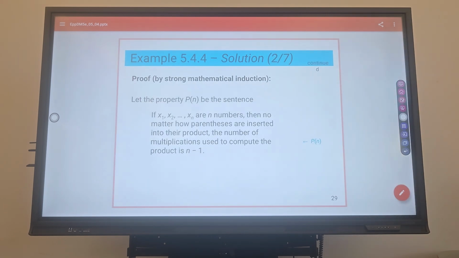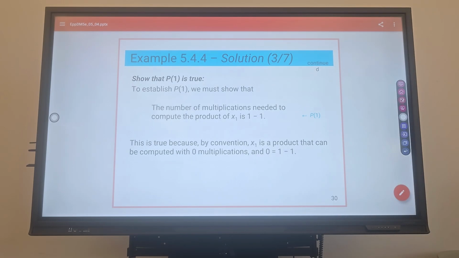So the proof: let P of n be the sentence that we went through earlier. Show that P of 1 is true. The number of multiplications needed to compute a product of 1 factor is 1 minus 1, or 0.